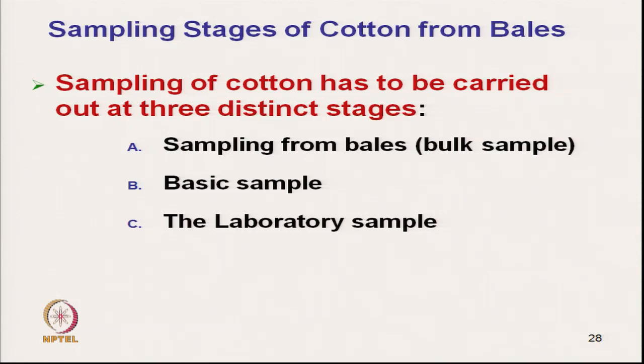First we have to take the bulk sample, then from the bulk sample we collect the basic sample, and from the basic sample we collect the laboratory sample. These are the 3 stages of sampling of cotton fiber from the bale.